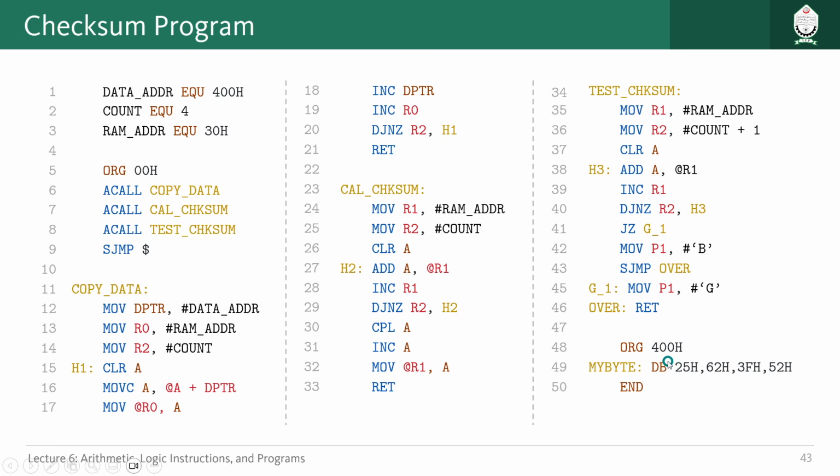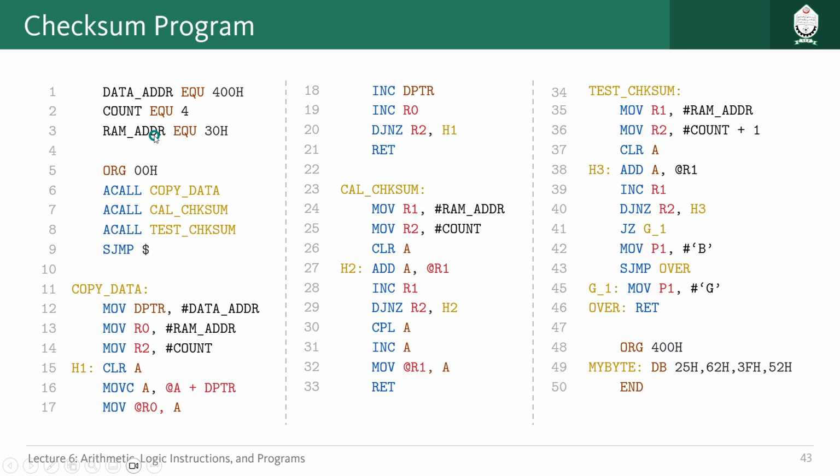We also have given specific names to those using assembler directive here. Define them as constant. So data ADDR, this is same as 400H. Okay, then we have another two constants, count and RAM ADDR.